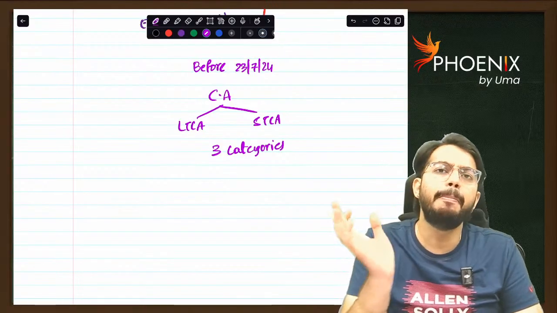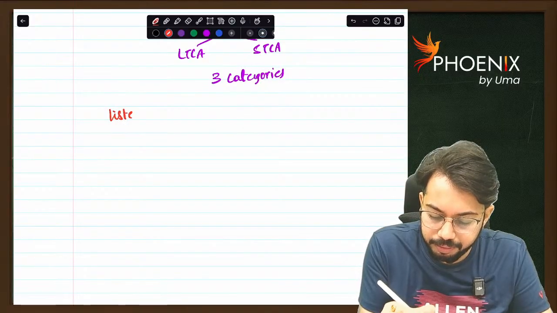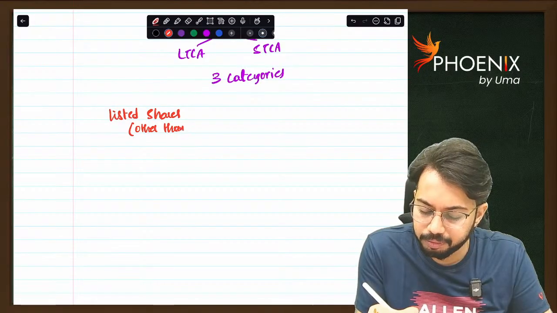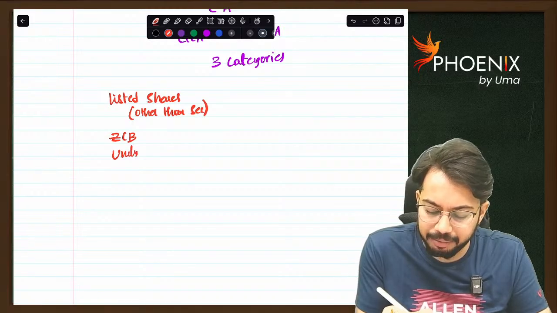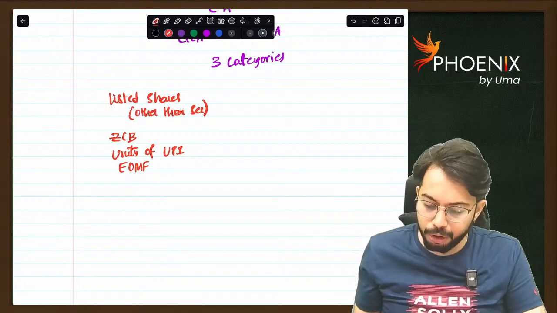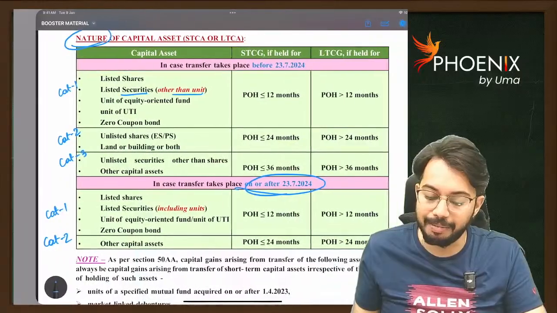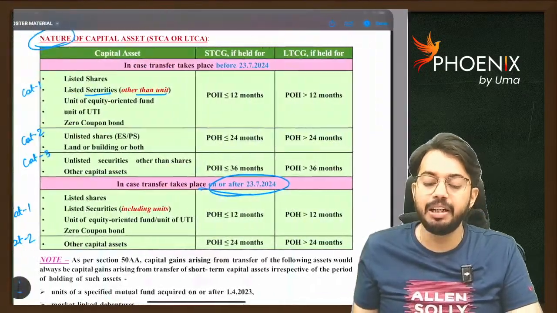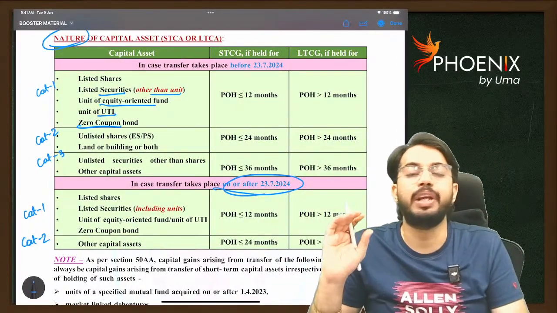Now, before 23rd July, listed shares, listed securities other than units, zero coupon bonds, units of UTI, units of equity oriented mutual fund.